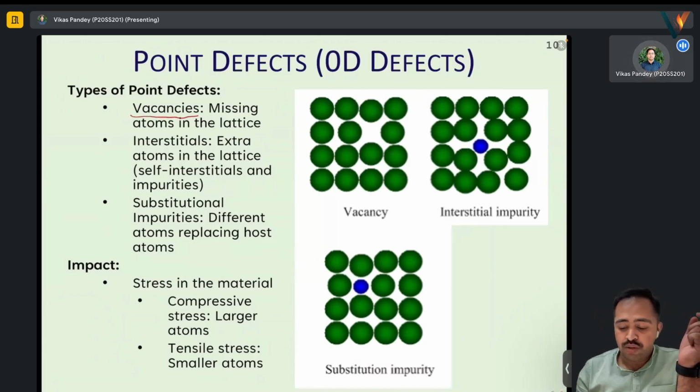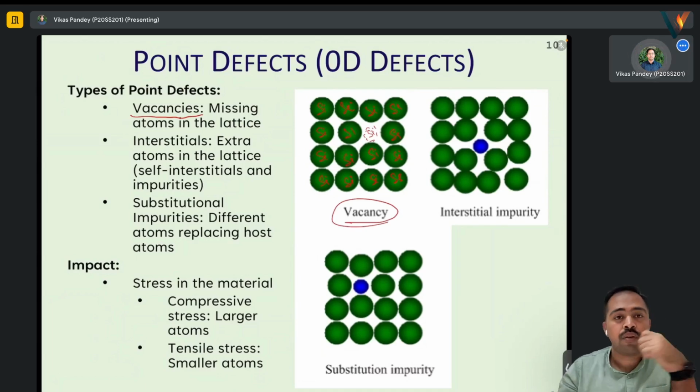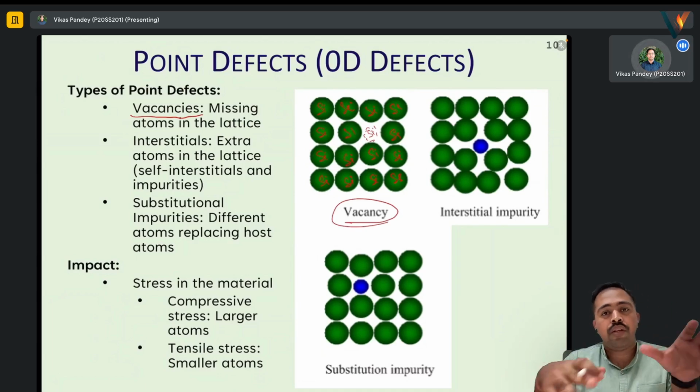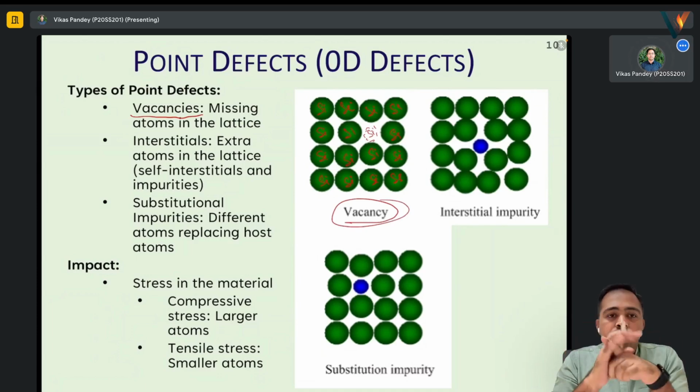If these are all silicon atoms, ideally there should have been one silicon atom here also, but it is missing, and this missing atom creates a vacancy, and this defect is called a vacancy defect. Okay, if we see the lattice, one atom is missing.